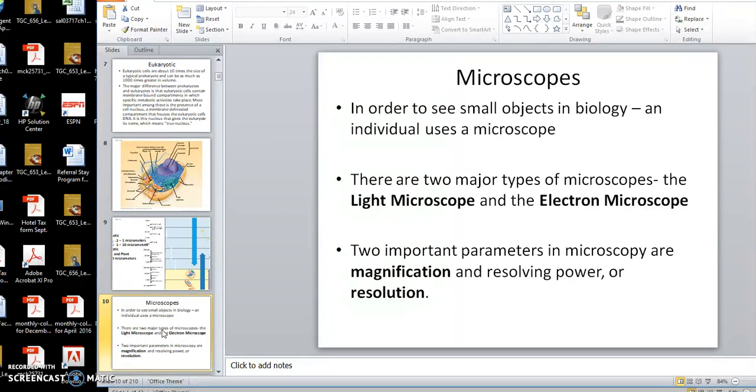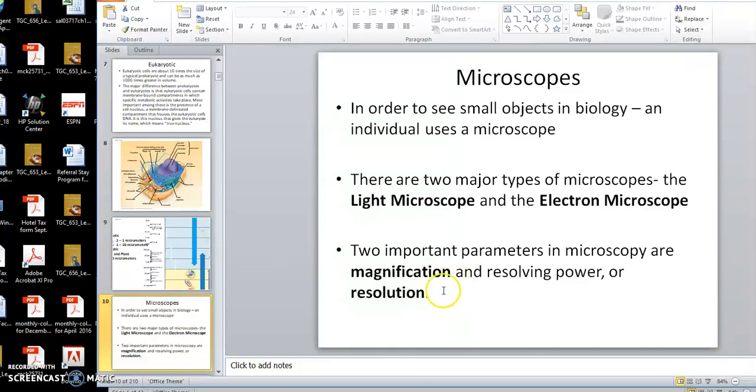All right, so we go here. We talk about the microscope. There are two kinds of scopes, the light microscope and the electron microscope. The light microscope uses white light as its source of illumination. The electron microscope uses something called electrons, as you may recall. Electrons are smaller than the light particles. One light particle is called a photon, P-H-O-T-O-N.